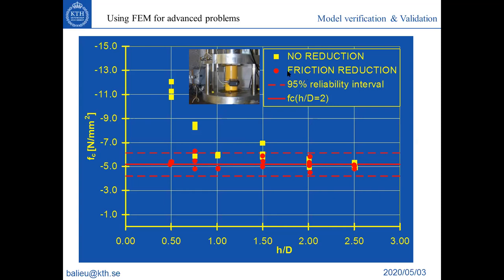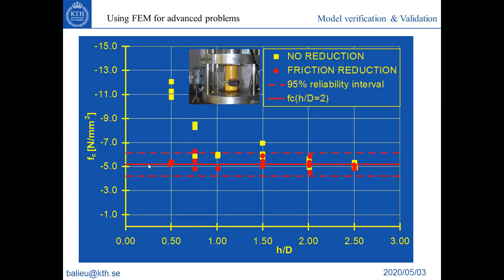Now if you look at the red result, with an appropriate friction reduction, the specimen will deform uniformly. It will remain a cylinder along the whole test. So you have a uniform stress state inside this cylinder.